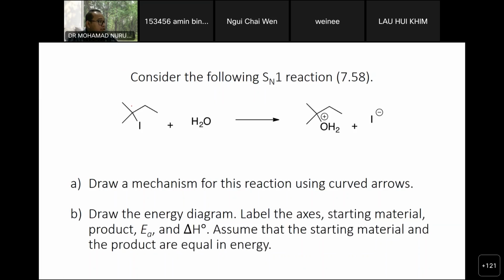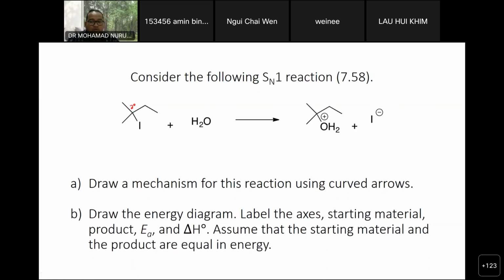This one is a tertiary halide, so it will form a tertiary carbocation. After that, this is the kind of solvent, protic or aprotic solvent. So you have to determine which one.